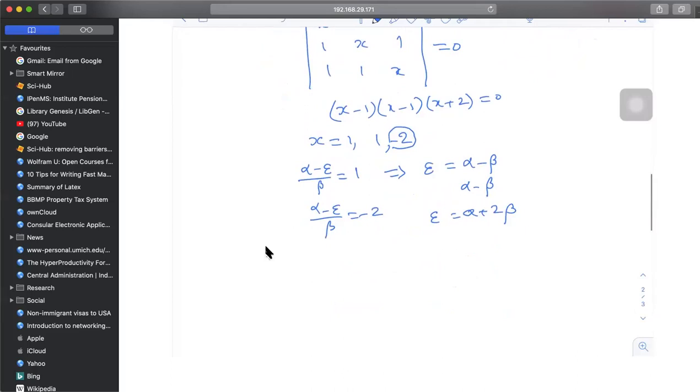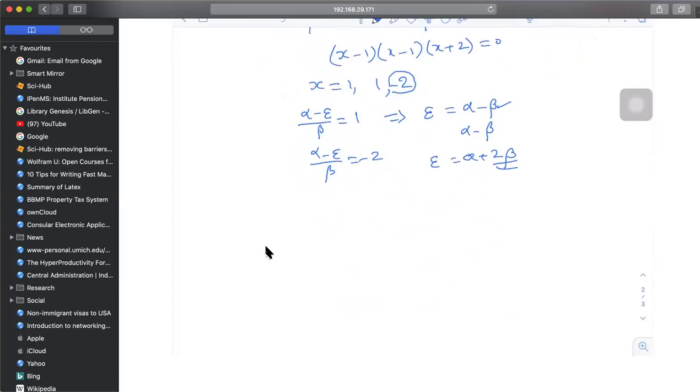And remember beta is negative, so therefore alpha plus 2 beta is low, while alpha minus beta is higher. So if you do the molecular orbitals, you will get a single molecular orbital having an energy of alpha plus 2 beta, and you will get 2 molecular orbitals having the same energy, which means that they are degenerate.